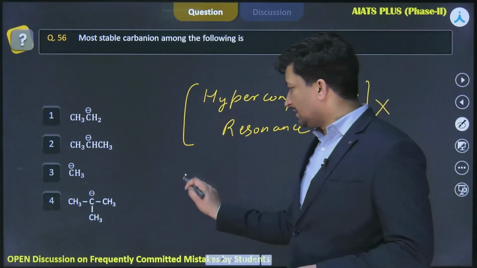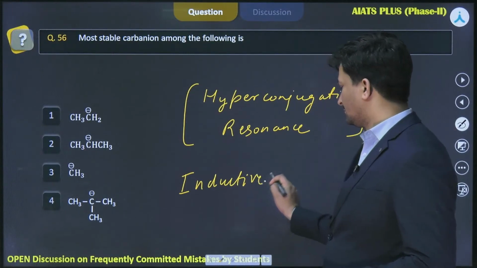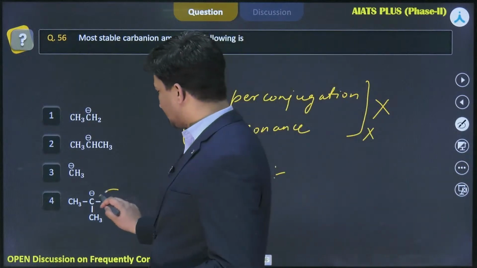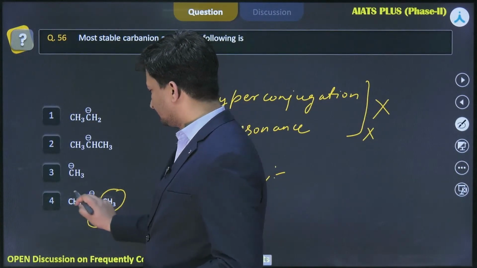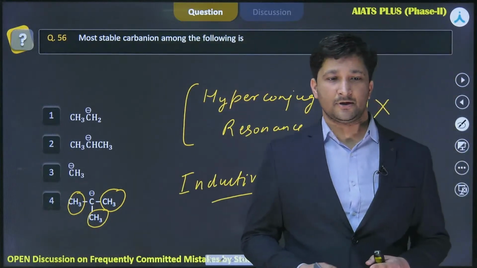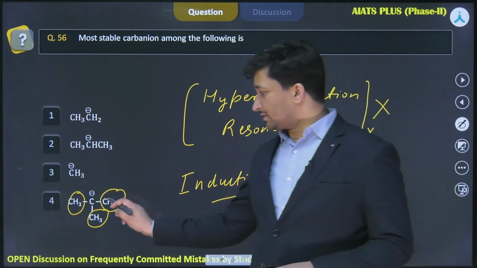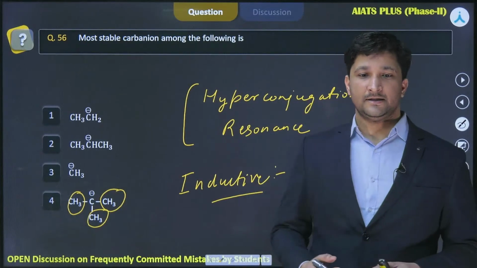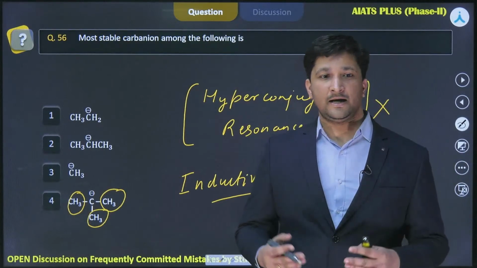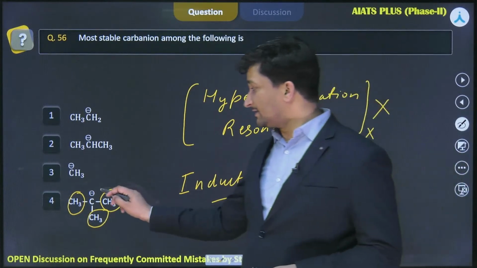But you can see that inductive effect is there. And the inductive effect of this CH3, Pragati, actually increases the negative charge on the carbon ion. Because of this plus I effect, the electron density increases. Exactly, methyl has plus I power, so it can donate electrons and increase the electron density here. Due to this electron density, the net charge here is maximum.